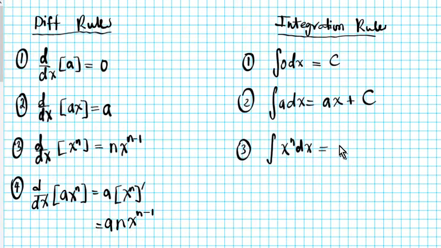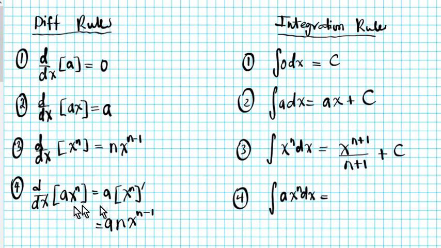Number 3, we also have the power rule for integrals, integral of x to the n dx. When you integrate that, you have x to the power plus 1 divided by power plus 1 plus the integral of 0, which is c. And then lastly, we have the multiple rule. So if you integrate a x to the n dx, the same approach here, you can factor out coefficients from integrands.